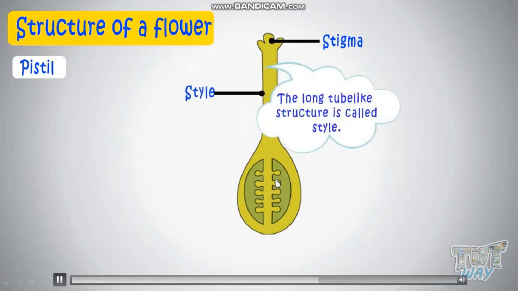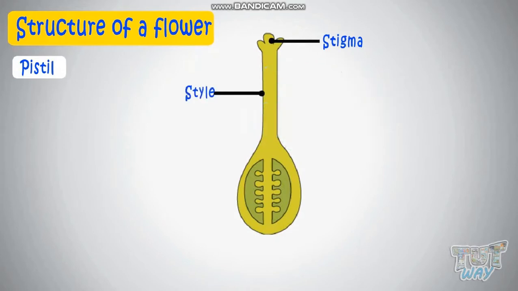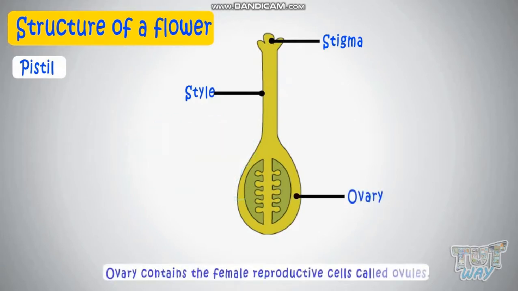Formation of egg takes place inside it. Now how does it take place? That also we will see. The swollen end is known as ovary, and inside this ovary we have eggs. Ovary contains the female reproductive cells called ovules.